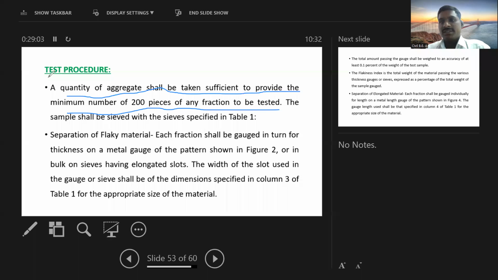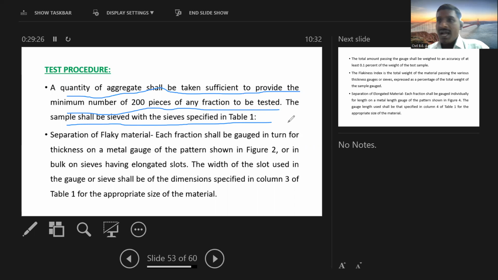So if we are performing the test for elongation and flakiness index, the quantity of aggregate shall provide the minimum number of 200 pieces. So we have to take 200 pieces for the testing, and the sample shall be sieved with the sieves specified in Table 1.